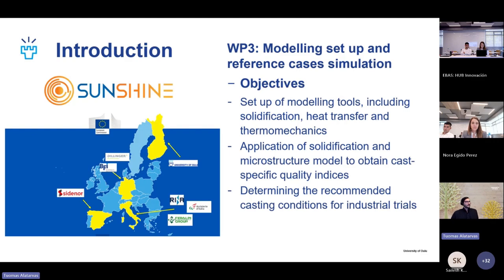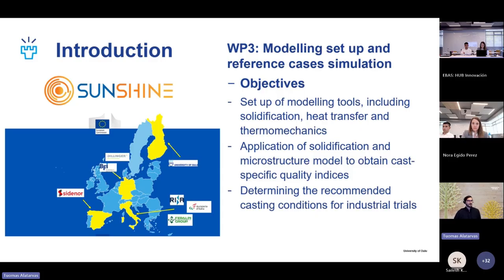So our activities in the Sunshine project are mostly related to work package number 3, named modeling setup and reference cases simulation. And as the title suggests, the objectives of this work package are setting up these modeling tools, including solidification, heat transfer, and also thermomechanics.